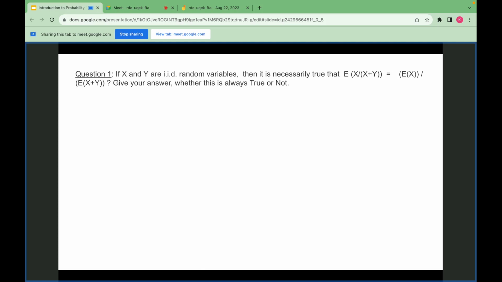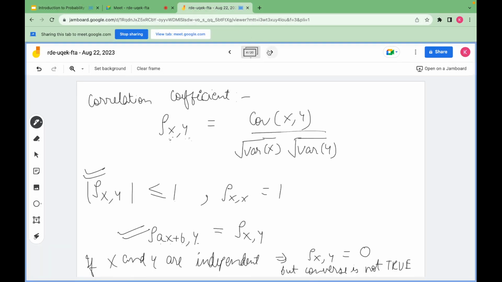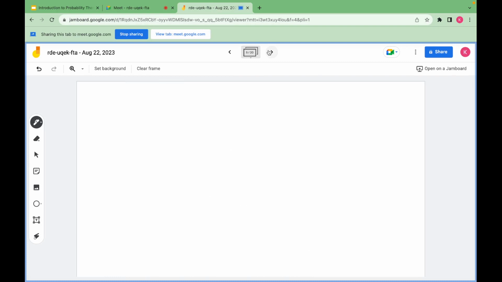Or maybe I will, just wait. I will just take this conditional part also, because the first two questions are based on conditional probability and conditional expectation.